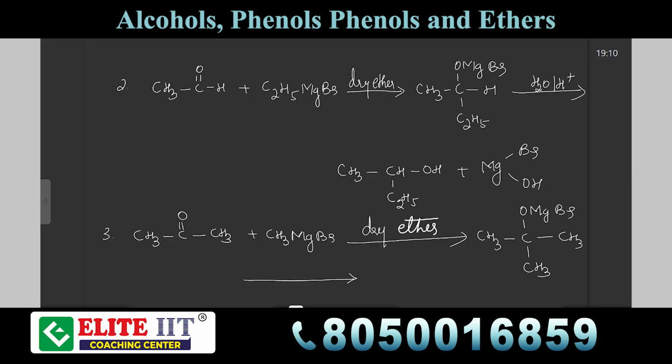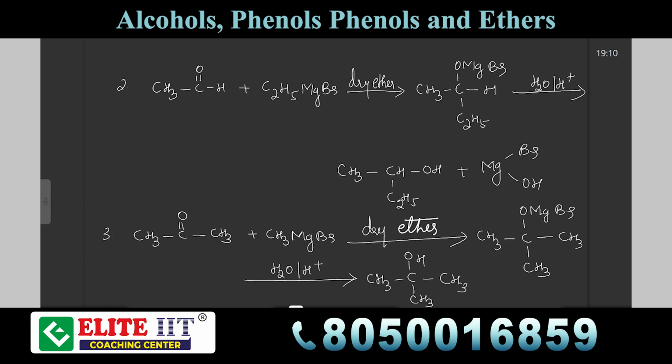Subject this to hydrolysis. Subjected to hydrolysis, we get here a tertiary alcohol. So formaldehyde gives a primary alcohol. Other than formaldehyde, you get a secondary alcohol. If you use a ketone, you get a tertiary alcohol.